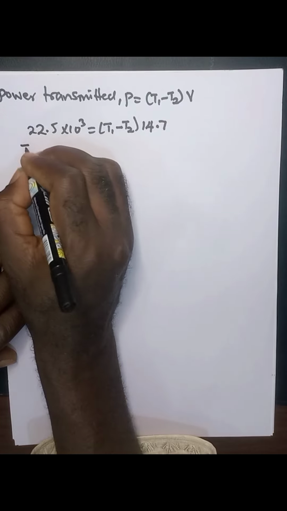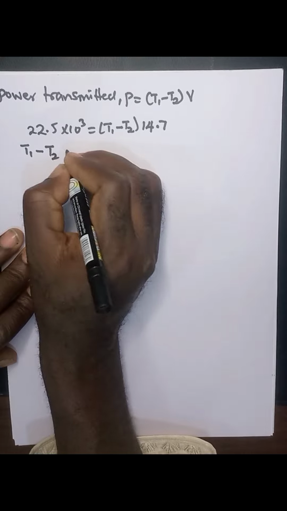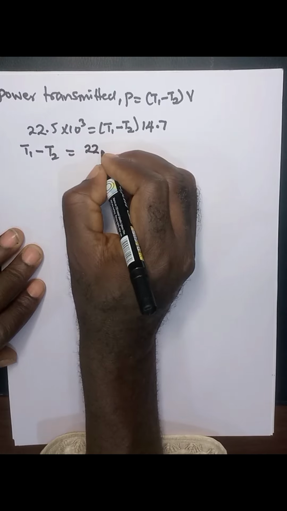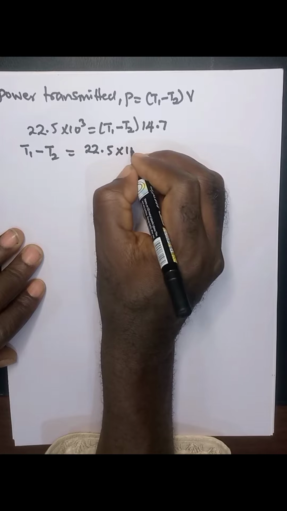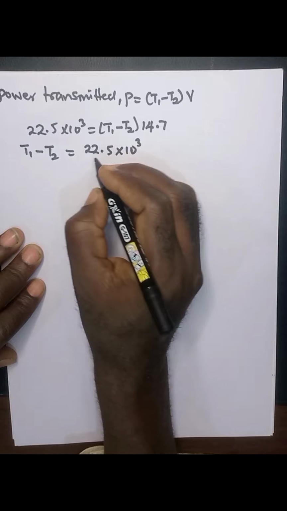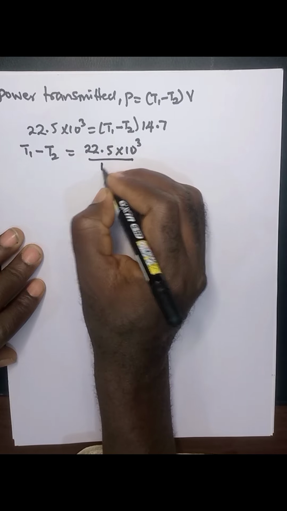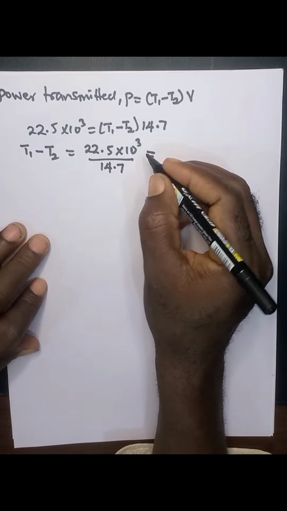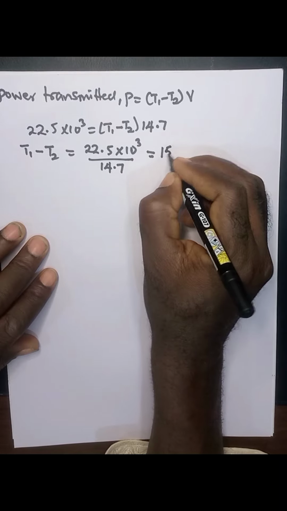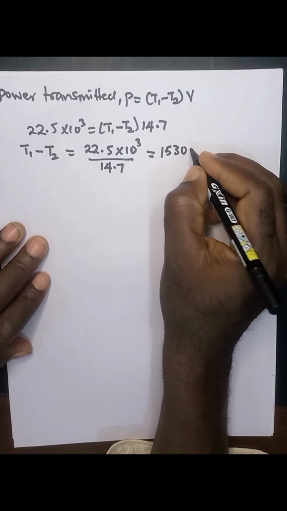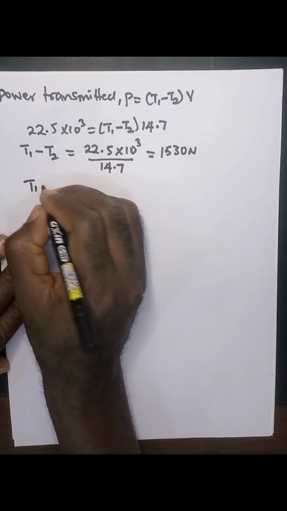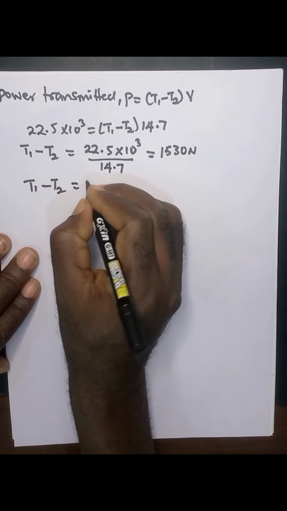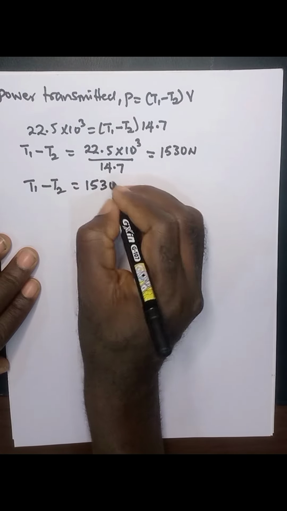Then from here, we have T1 minus T2 is equal to 22.5 multiplied by 10 raised to the power 3 over 14.7, and this gives 1530 Newton. That is, T1 minus T2 is equal to 1530.